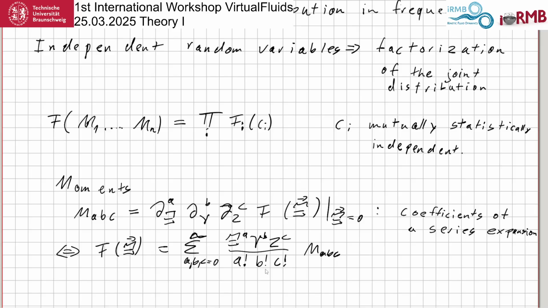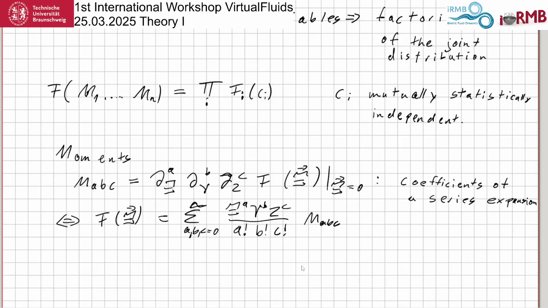But if you have a discrete distribution, you take the Fourier transform, you get a Fourier-Laplace transform, you get a continuous function, and of this continuous function, you can take a series expansion. So this is one reason why we go to frequency space.